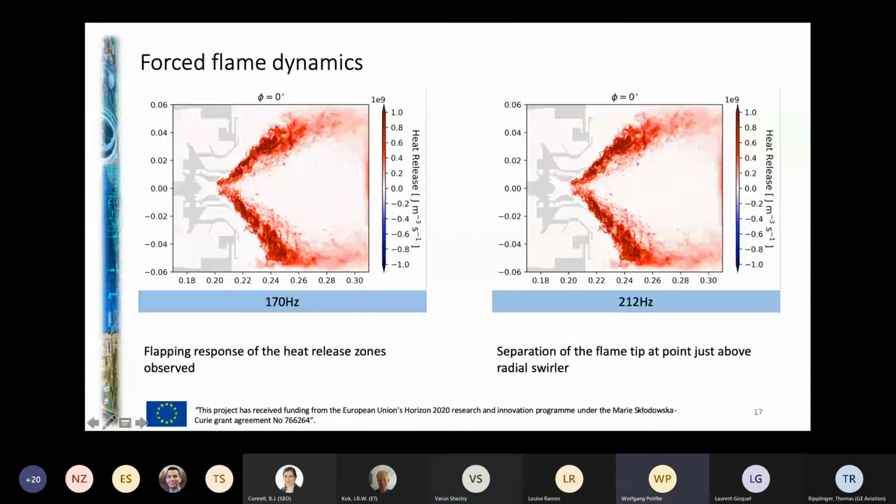Varun, we're not seeing anything right now. No movies, no slide moving, at least from my side. One second. I don't know what's happening. Can you see my screen still? It's still slide 17. Okay, one second. Maybe you can stop sharing the screen and start again. Yeah, let me try.